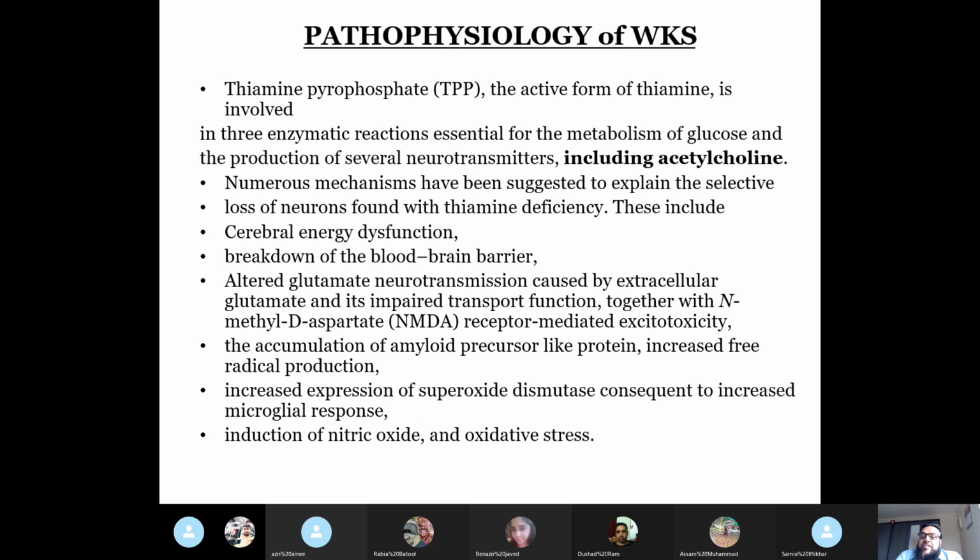That's why Aricept, donepezil, or rivastigmine Exelon, or galantamine, they are all acetylcholinesterase inhibitors. They increase the amount of acetylcholine in the brain, and that's what reverses the cognitive deficit, or at least slows down the cognitive deficit.